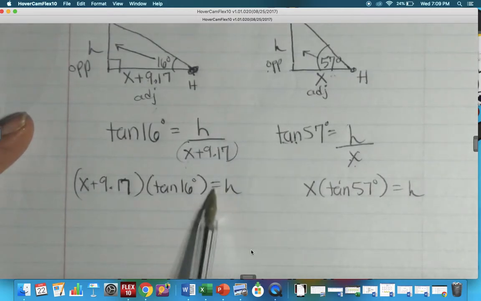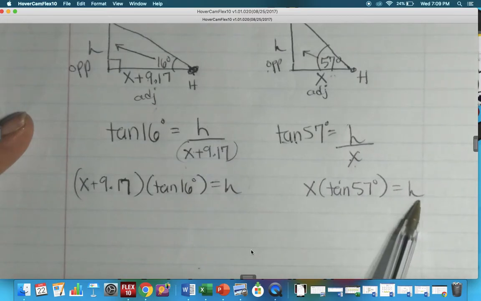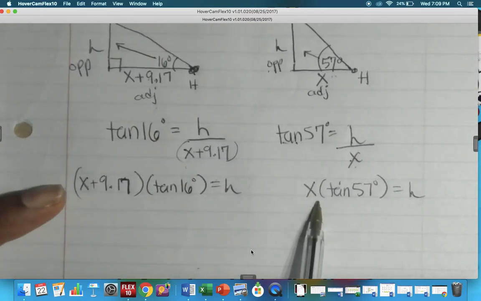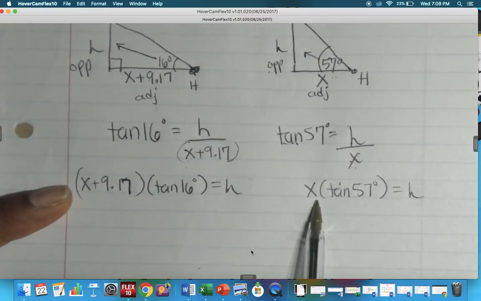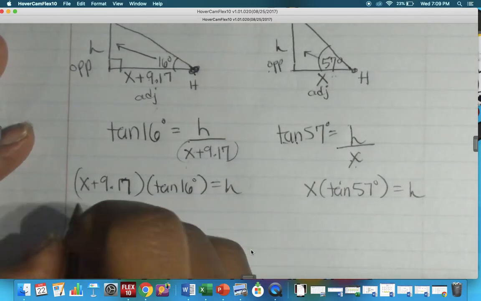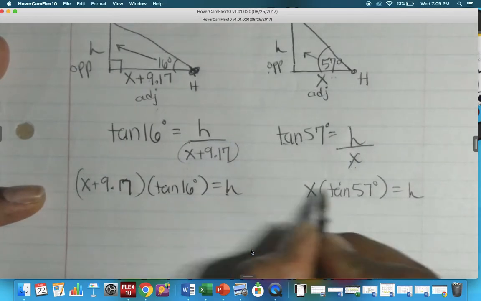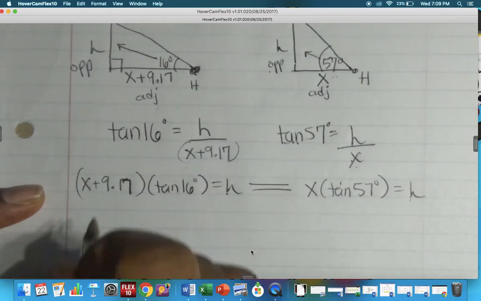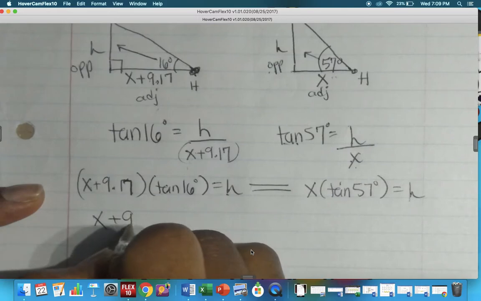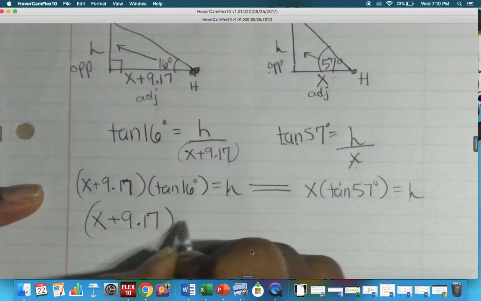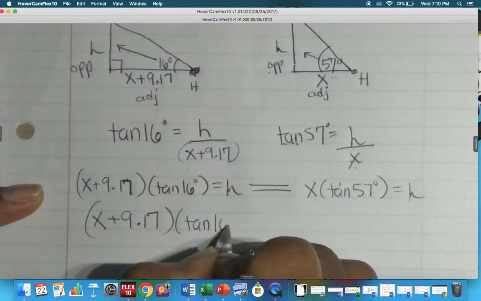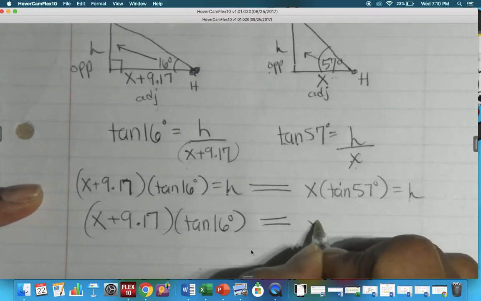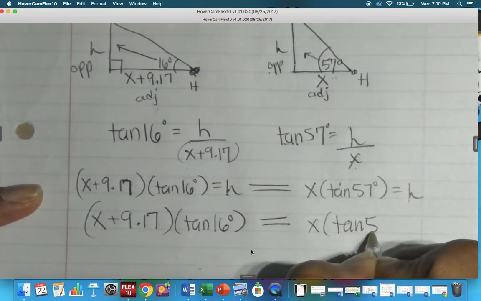I have one expression for h, and a second expression for h. I can put them together, and that way it will eliminate one of my variables. If this equals h and this equals h, they're both equivalent. So x plus 9.17 times tan 16 degrees is equal to x times tan of 57 degrees.